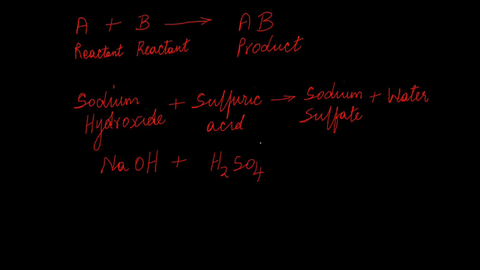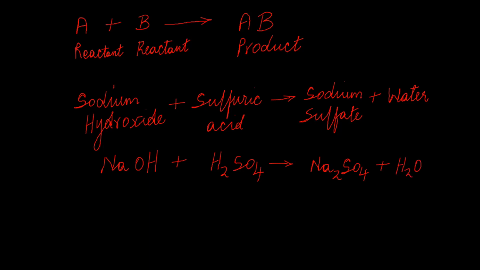Because sulfate has a valency of -2, hydrogen has a valency of 1, we interchange the valencies. We learned this in the previous lesson. Clear? Now, what will it give? It will give sodium sulfate. Na valency is 1, SO4 valency is 2, so it will be Na2SO4 plus H2O.